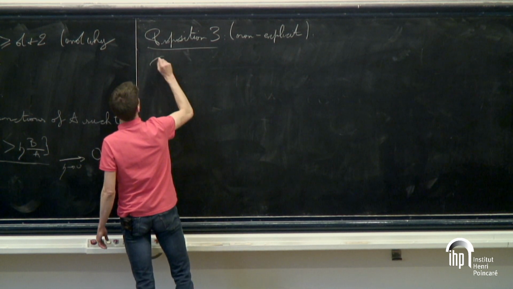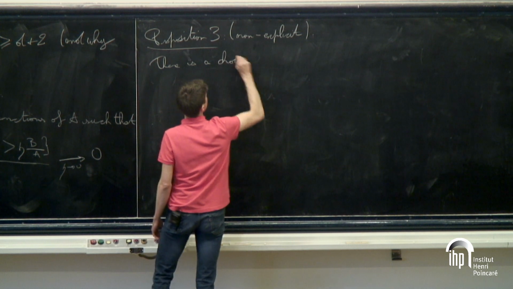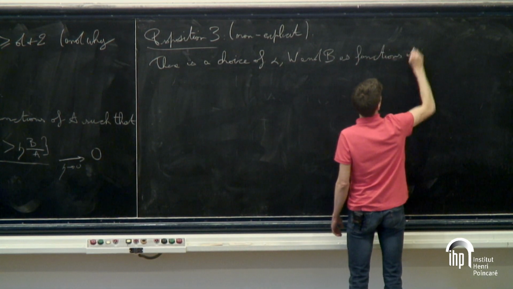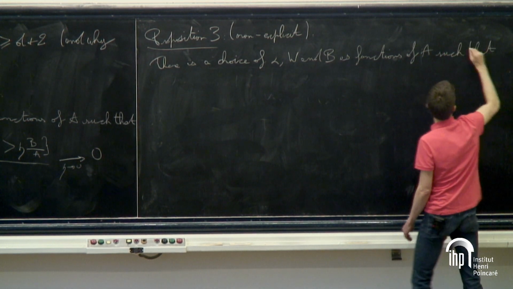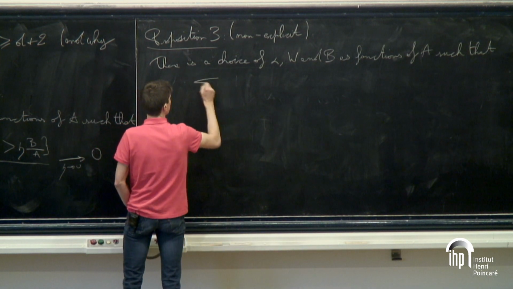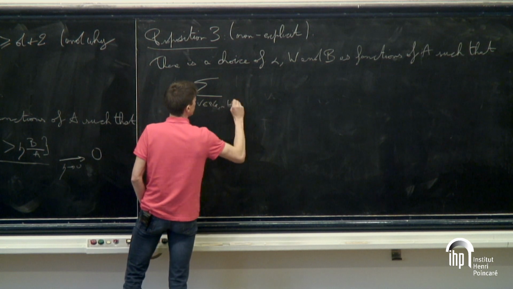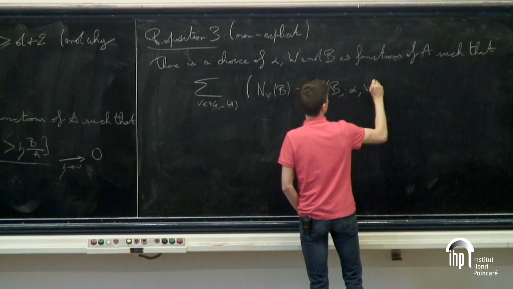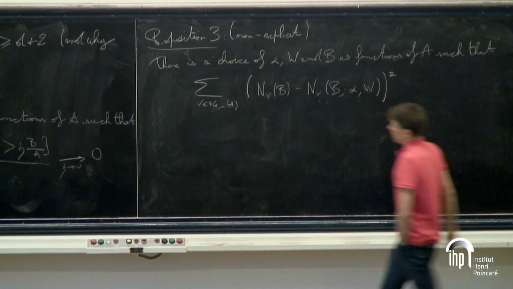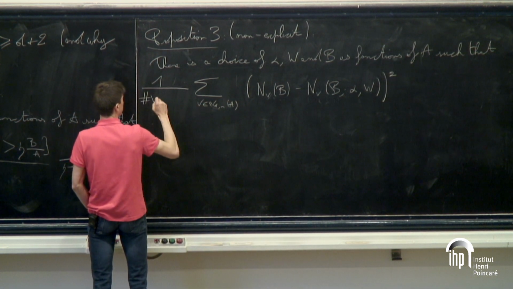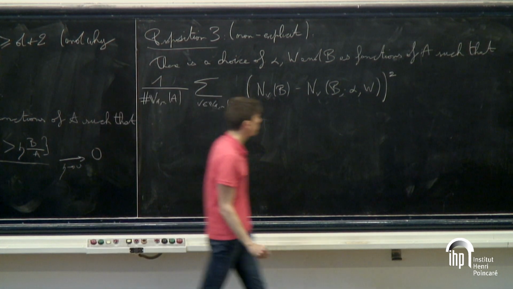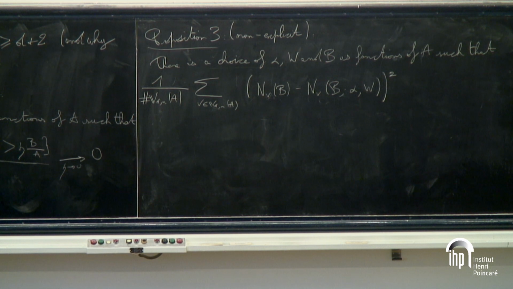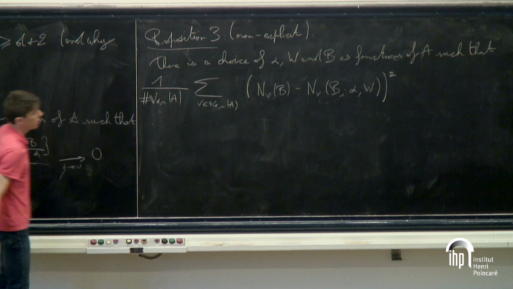Similarly, there's a choice of alpha, W, and B as functions of A such that if we look at the sum over V in V_{d,n}(A) of the second moment of the global counting function minus the localized counting function, squared, divided by the number of V in V_{d,n}(A), then, as Will said, we expect both N_V(B) and N_V(B, alpha, W) to be about B over A on average.